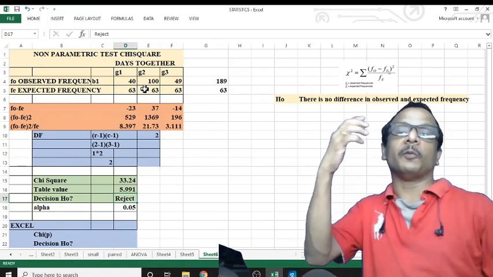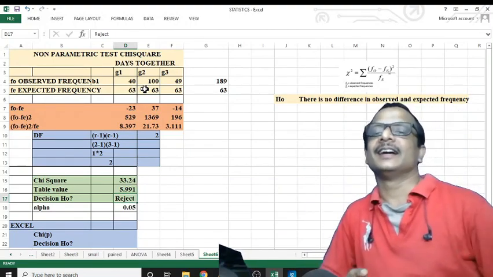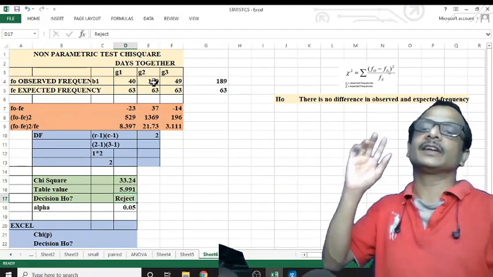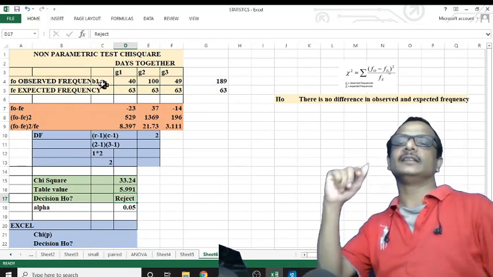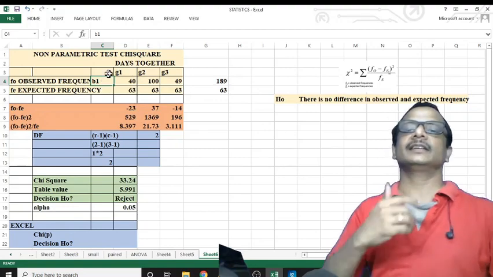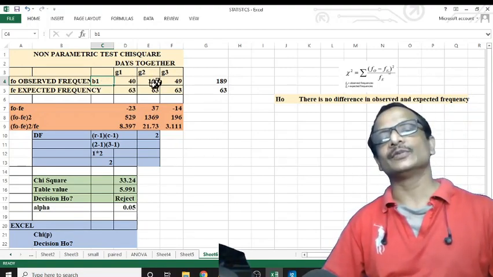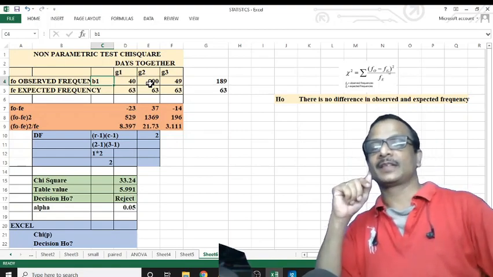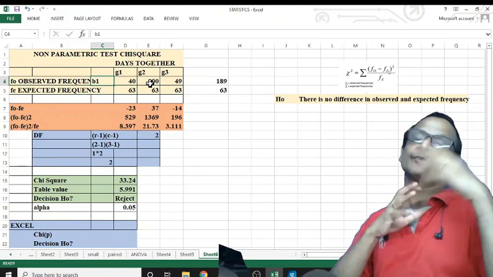That means observed frequency is significant. Observed frequency significant means there is some association between this boy with specific girls, and this association is significant. Okay, this is a funny example of use of chi-square.